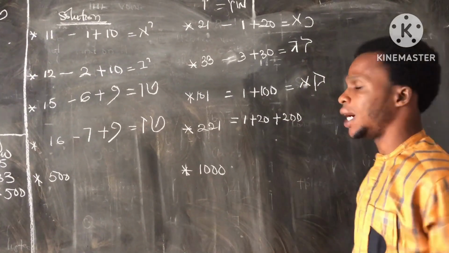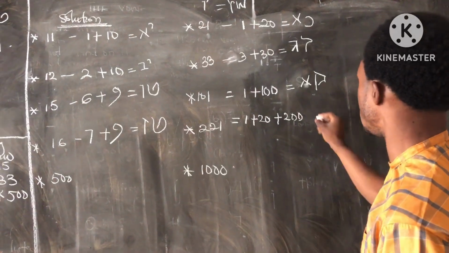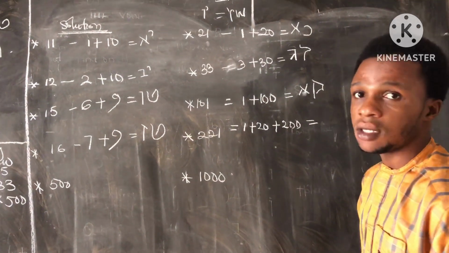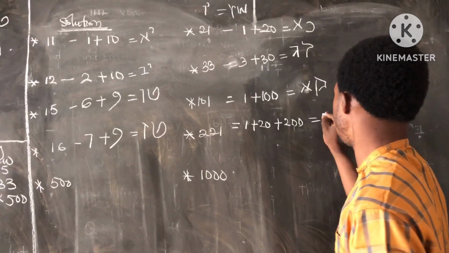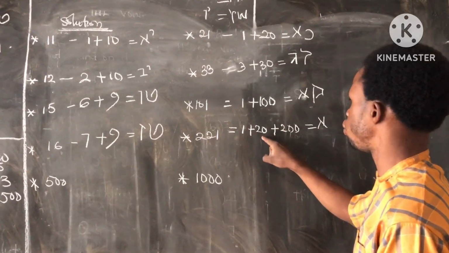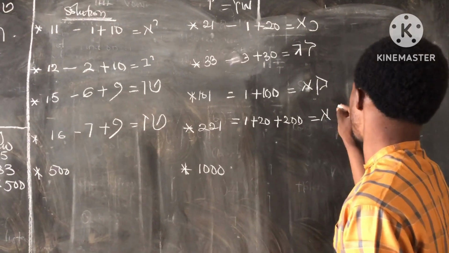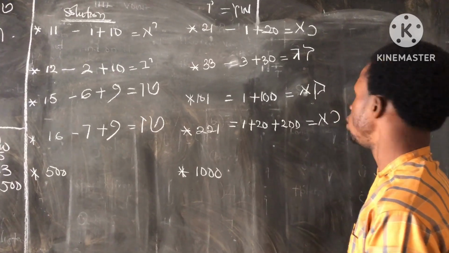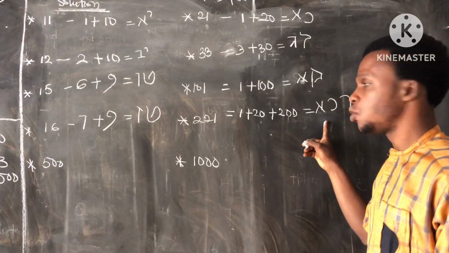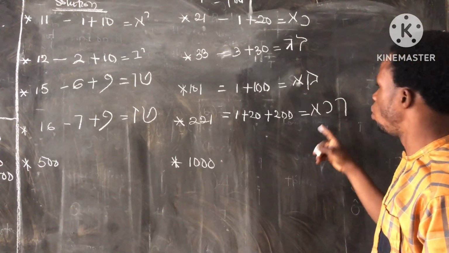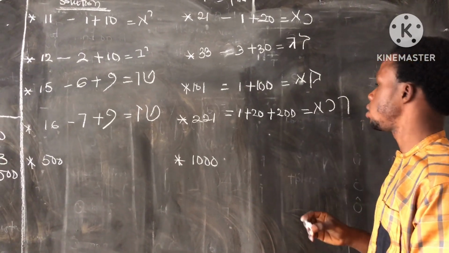So therefore we have 221. We put everything together, so the final answer is Aleph, 20 is Kof, and 200 is Resh. So we have Resh, Kof, and Aleph to represent 221.